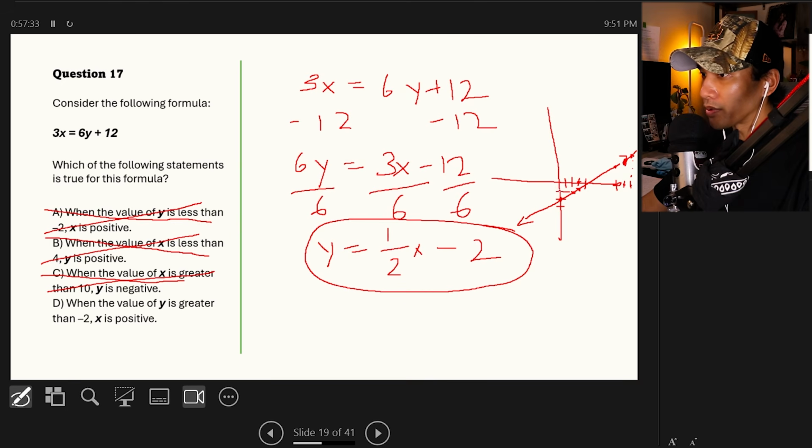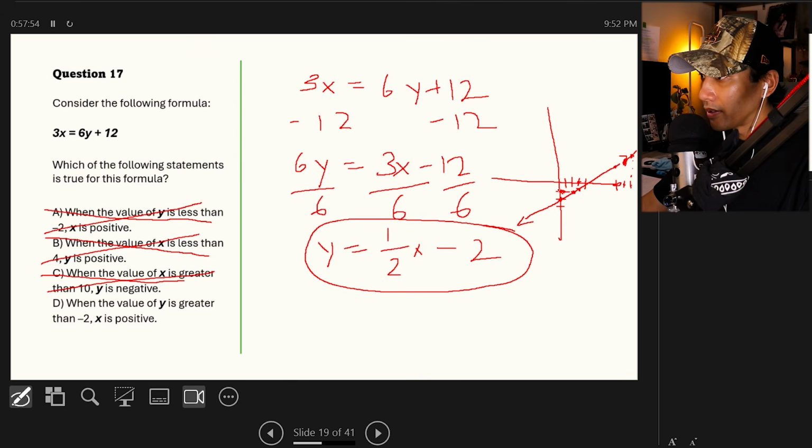When the value of y is greater than -2, so here's -2, and any value above here, we'll try -1, right? Right now, over here, x is positive.